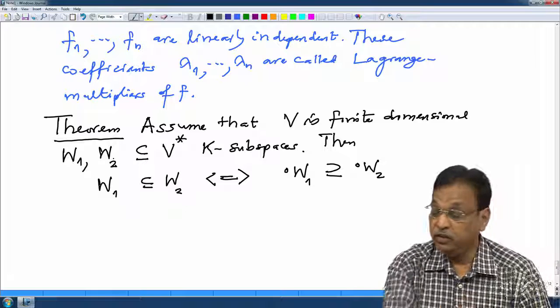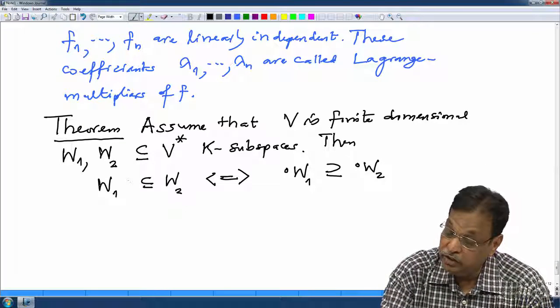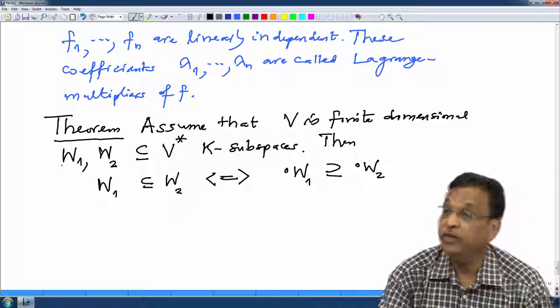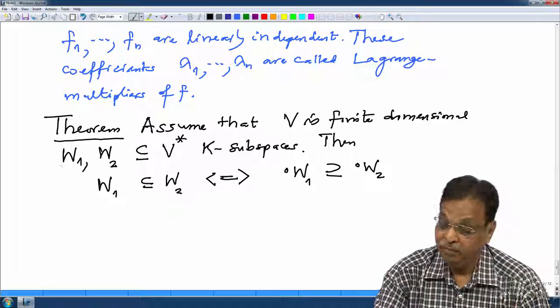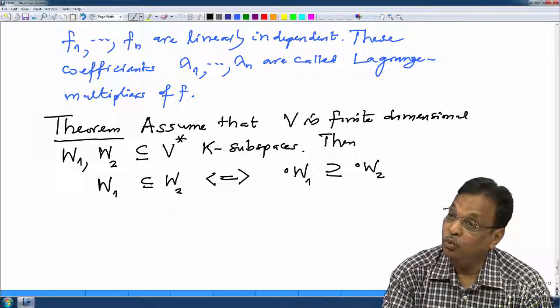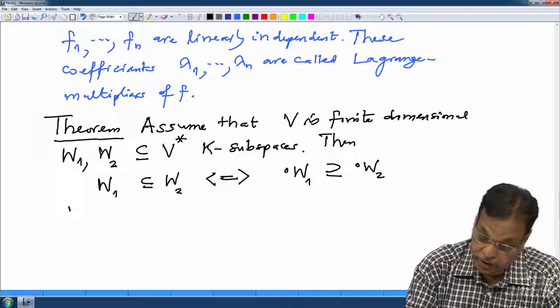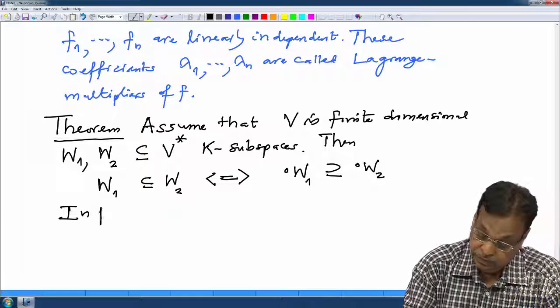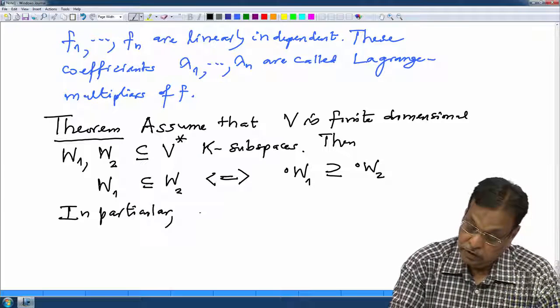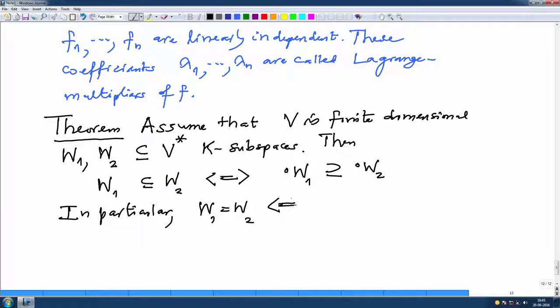You see, the first theorem today I proved in the beginning was such a theorem for subspaces of V. But when you go to V star, that statement is no more true. So, we have to assume finite dimensional. So, in particular, they are equal if and only if the left circles are equal.